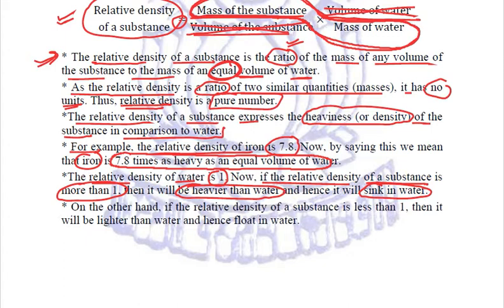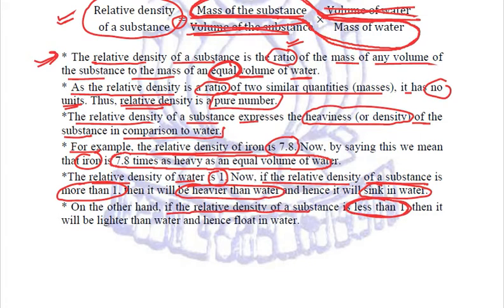And since it is heavier than water, if it is placed in water, it is going to sink. On the other hand, if the relative density of a substance is less than 1, what does it mean?